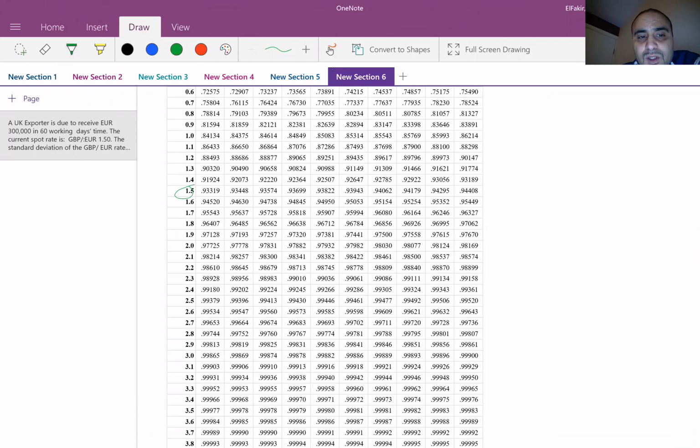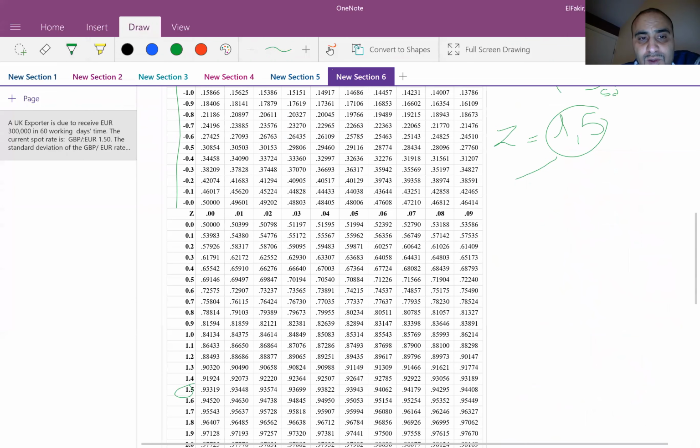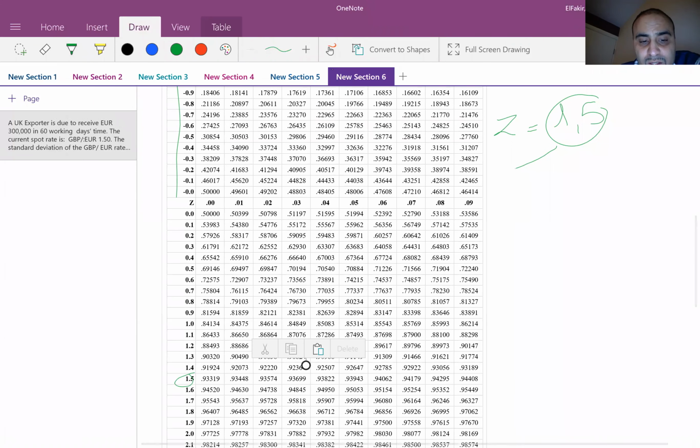Okay. Now it says 1.5 exactly. So 1.5, that means with this one there. Okay, so that's the value I am looking for. If it says 1.51, I'll go this way, or 1.52, I'll go this way, or 1.53, I go this way, but it says exactly 1.5, so I take this one in here.